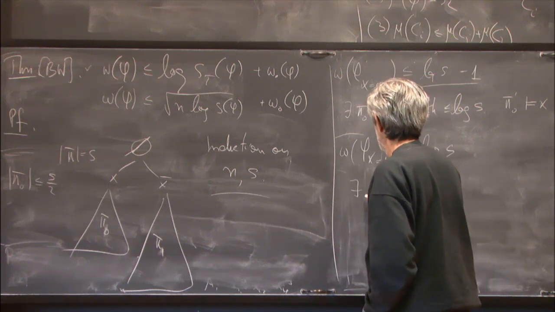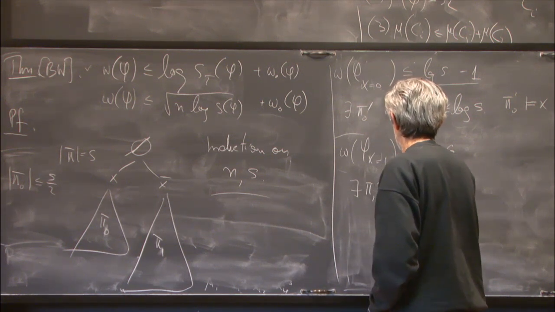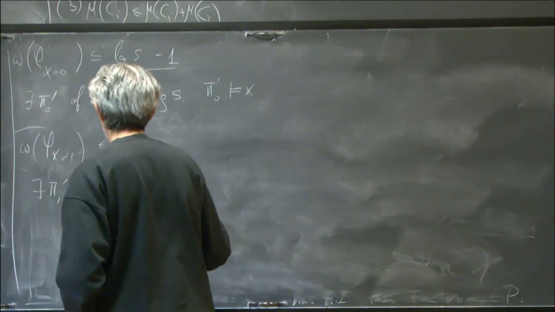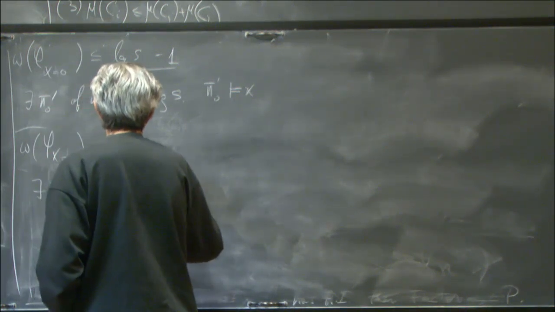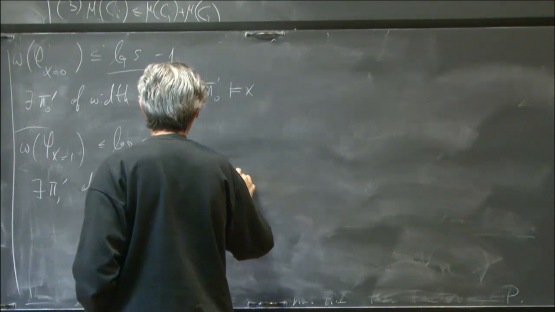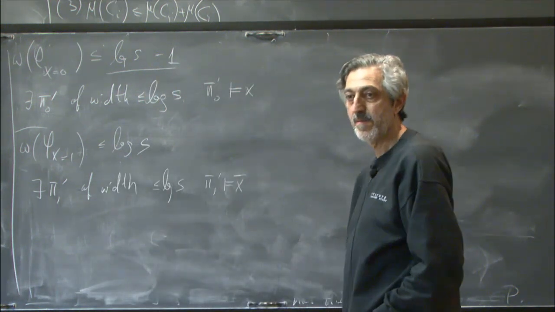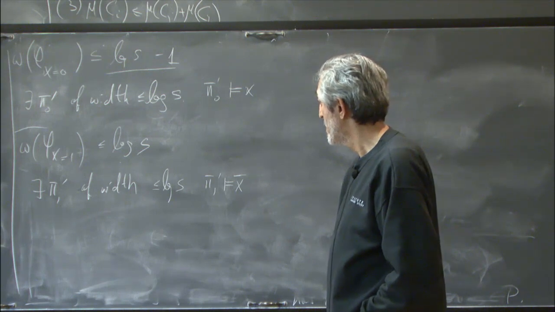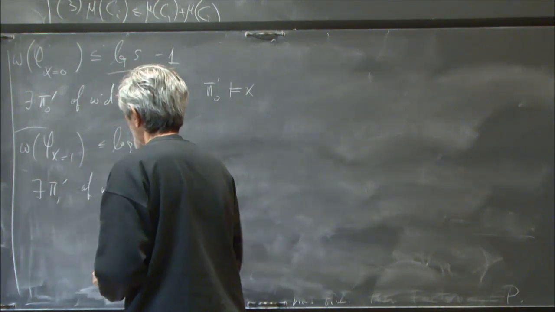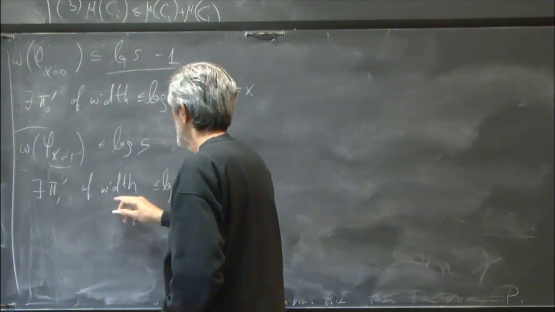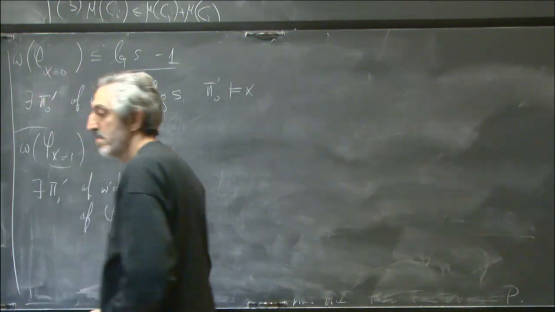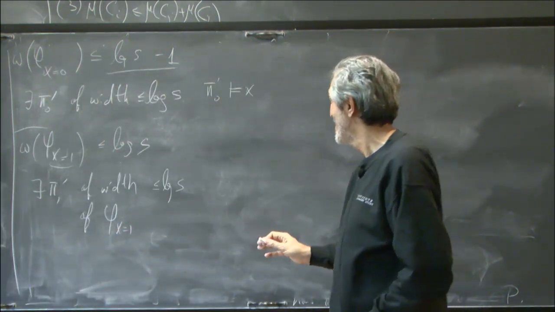So there exists a proof pi 1 prime of width at most log s, of phi with x equals 1. Sorry, I'm not adding it back. So what's the final trick?